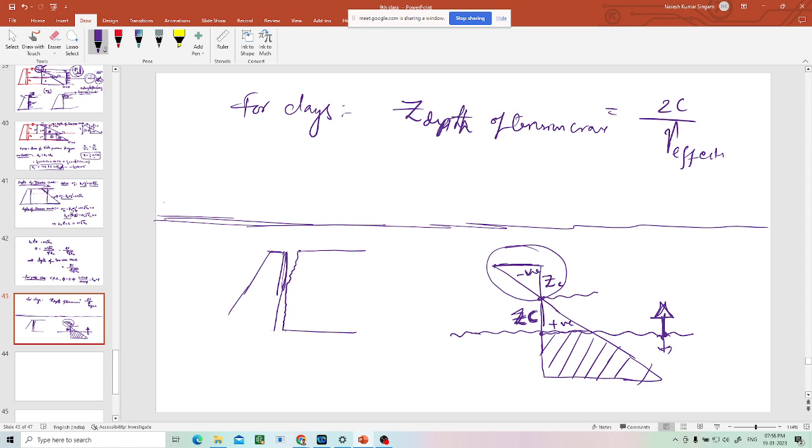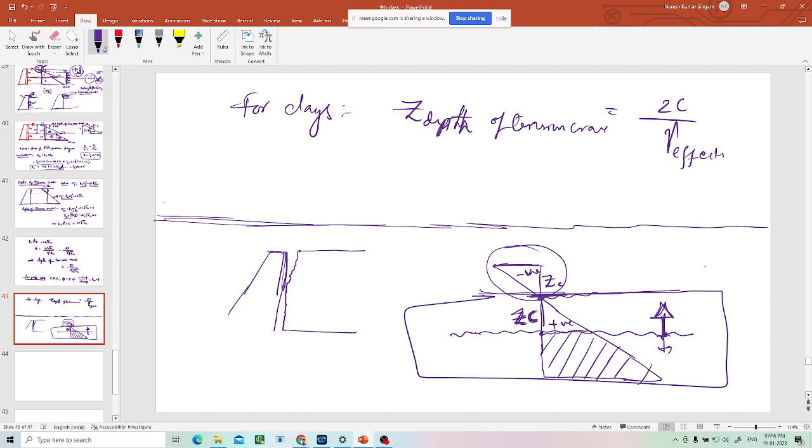People actually correct my sentences which I used initially. After formation of the crack, this much force will be coming.